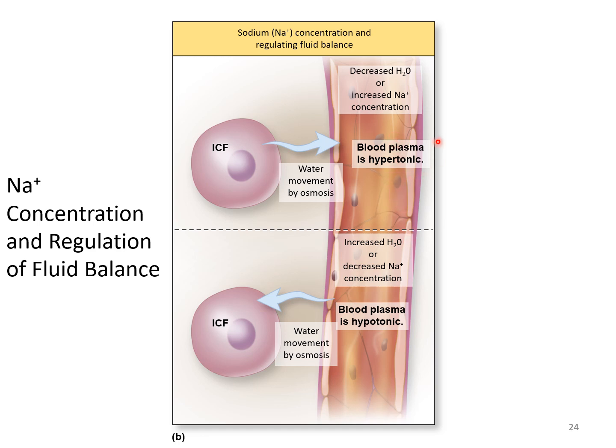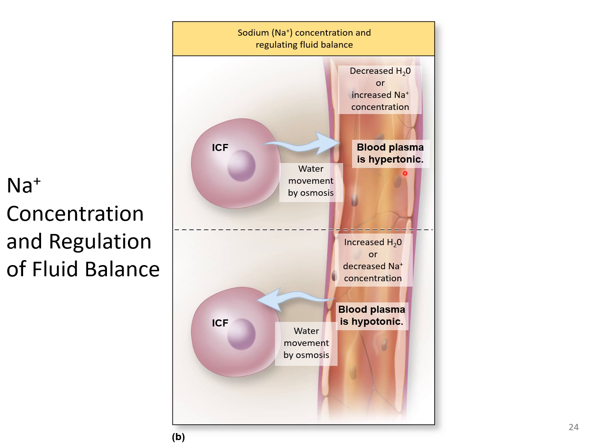This top box is what would happen if you had an increase of sodium consumption or a decrease in water consumption. So basically you've got a lot of sodium in the plasma and less water. So what that does is it creates a difference between the concentration of the blood and the cell.